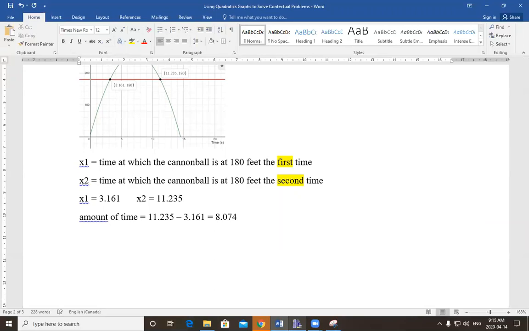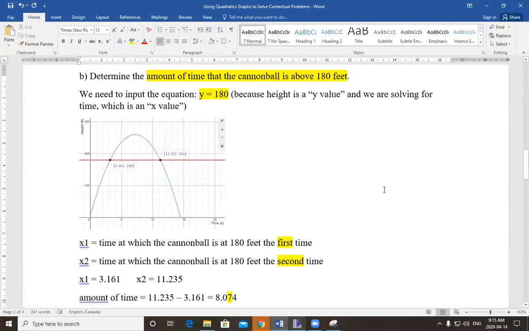So our final answer is the amount of time the cannonball is above 180 feet is 8.07 seconds. Again, 2 decimal places, please. So we're rounding that 7, and make sure you include units. So 8.07 seconds is our final answer.